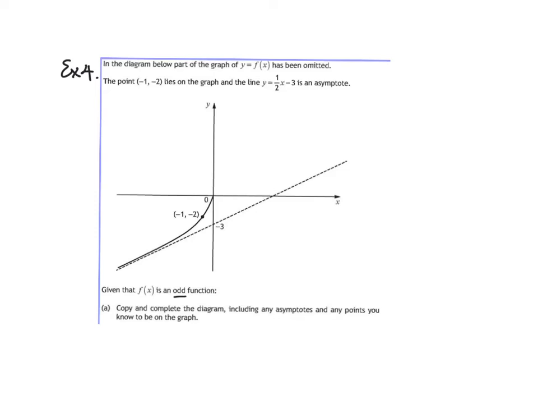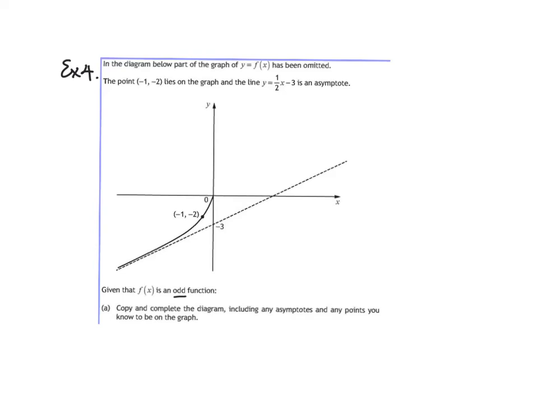So what we want to do is to complete this diagram to show 180 degree rotational symmetry about the origin. What we're going to have to do first is to perhaps draw in another asymptote to match this one here.